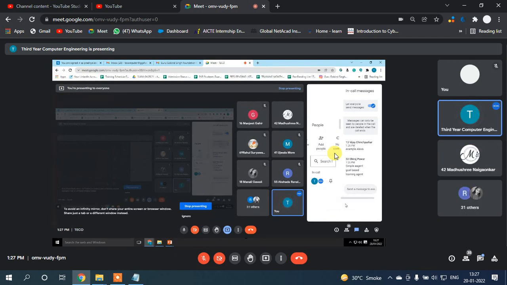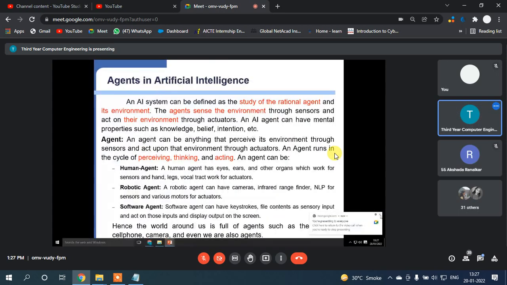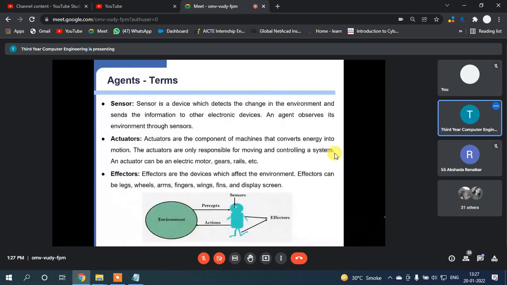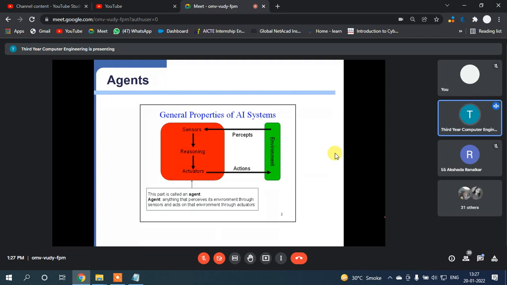We have seen the terms related to agent also: sensors, actuators, and effectors are there. Then this is the basic diagram of agent. We have seen it in types of agent also.